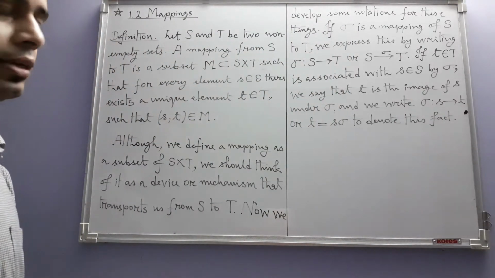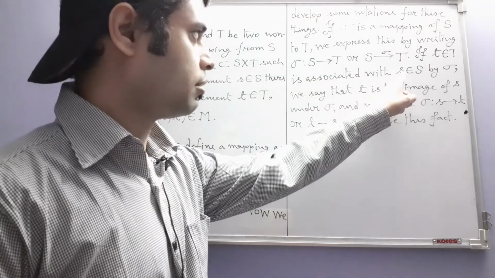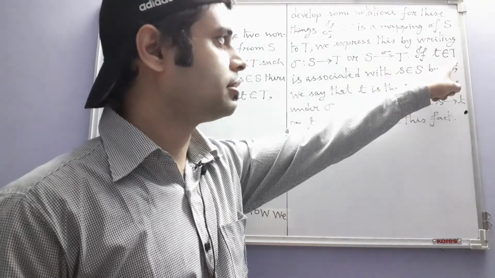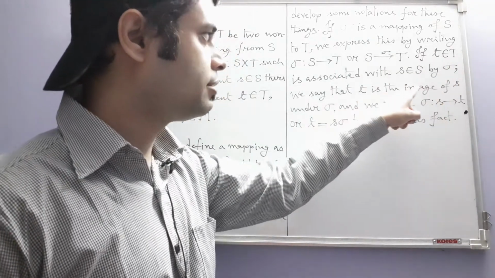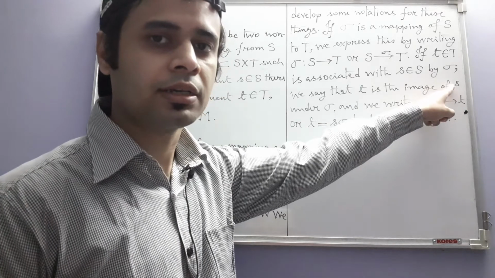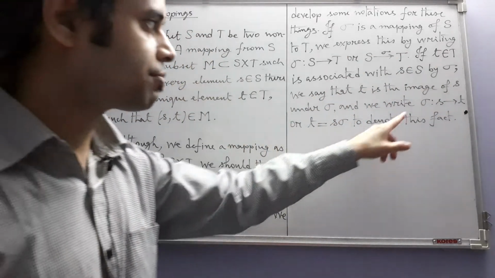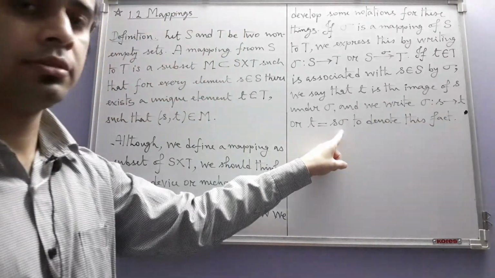So we are saying that a mapping associates with every element in the first set a unique element in the second set. That unique element T is said to be the image of that first element S under the mapping sigma, and we denote this fact by either writing like this or like this.